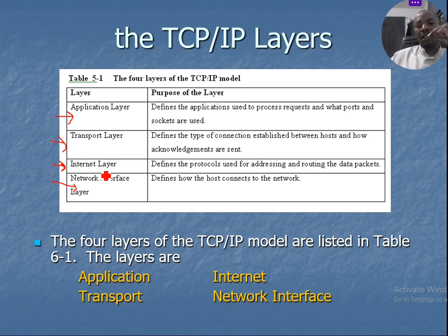The next layer is the internet layer. The internet layer defines the protocols used for addressing and routing the data packets. The network interface layer covers both the physical layer and the data link layer of the OSI model. The network layer in the OSI model is what we call the internet layer here.